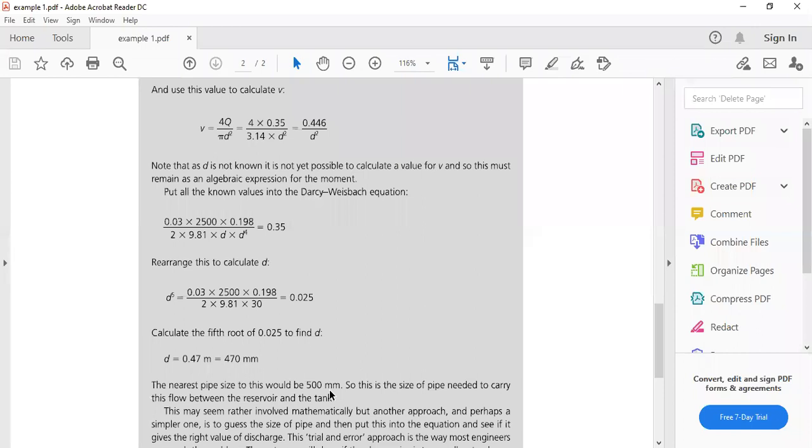So now you design a pipe size which is equivalent, which is going to deliver that amount of water to your farm. So this is basically how we go through the process of getting the diameter of a pipe.